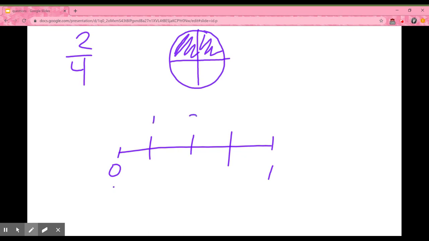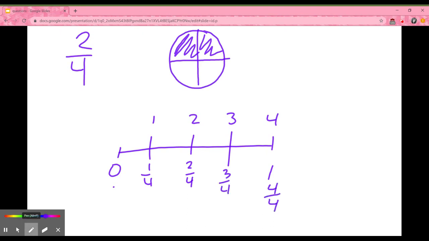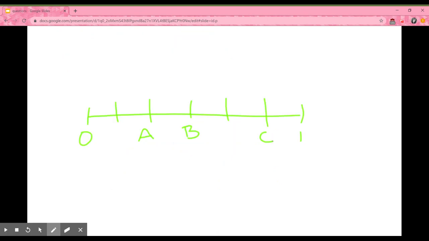I go 1, 2, 3, 4. So this is 1/4, 2/4, 3/4, and 4/4. And if I were to mark 2/4 on this, I would just look for 2/4, which is our second one, and color it in like that.